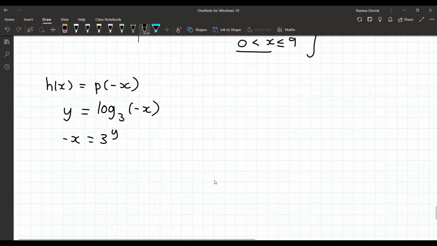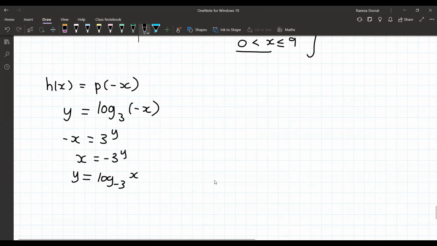Then you can make y the subject. Sorry, you can divide both sides by minus. And then you can take it back to log form if you'd like, although I don't know if this is the most helpful way of doing it, but let's continue. So this here is y is equal to log base 3 of minus x.